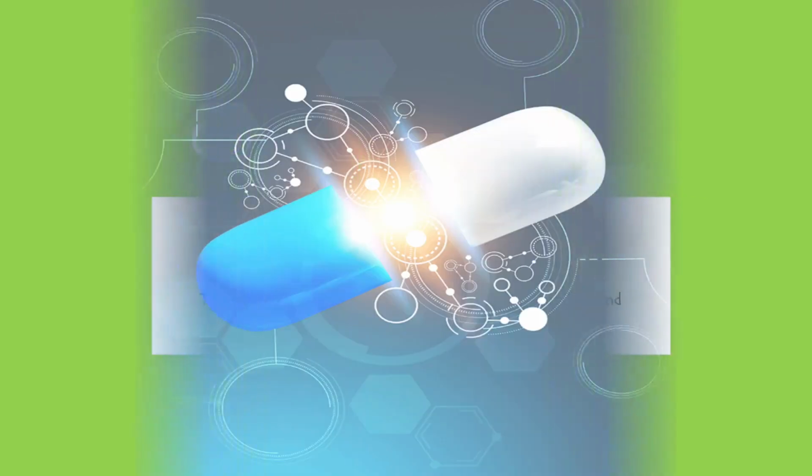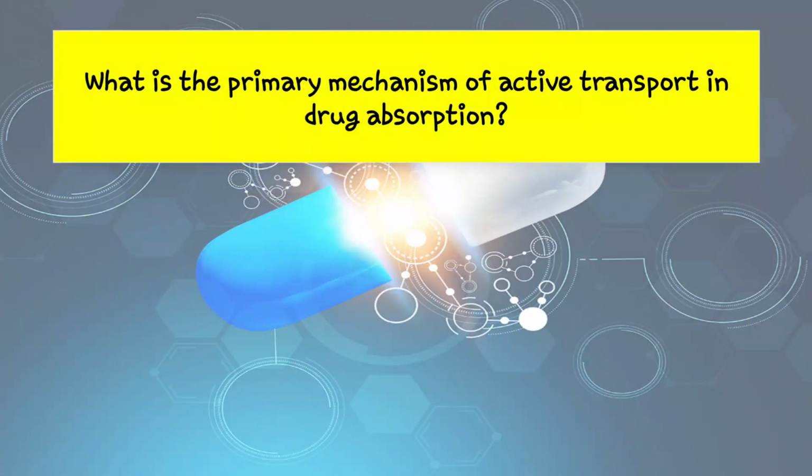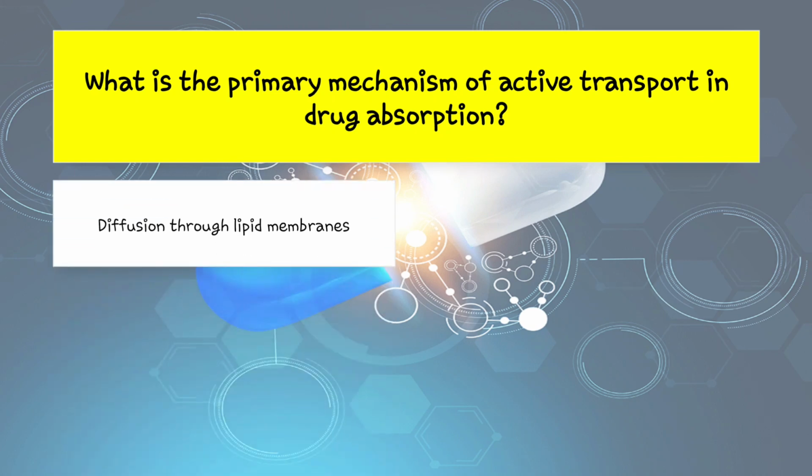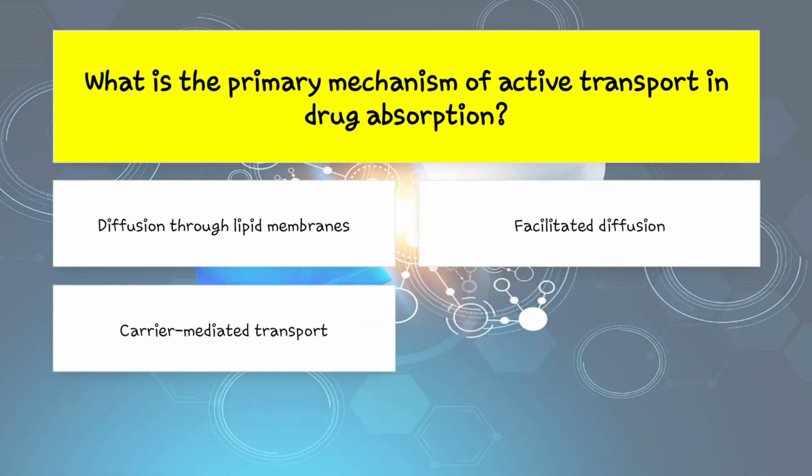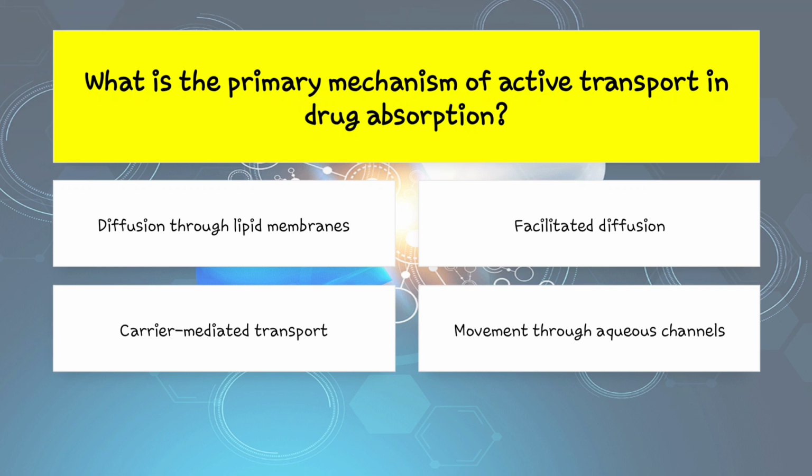Okay. Moving to next question. The question is, what is the primary mechanism of active transport in drug absorption? The options are diffusion through lipid membrane, then facilitated diffusion, carrier mediated transport or movement through aqueous channels.